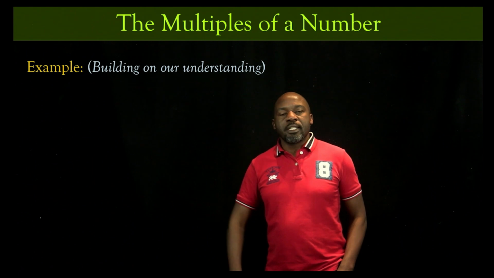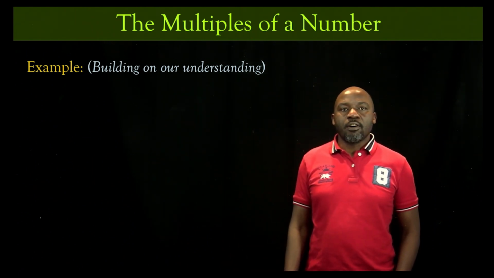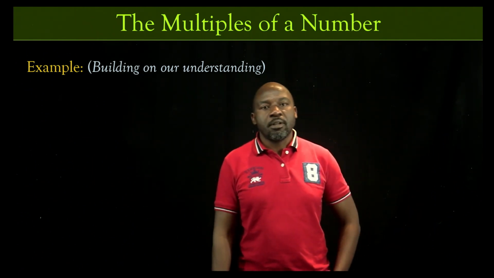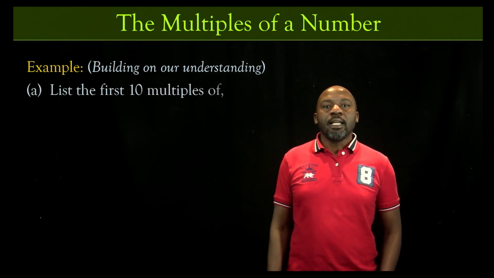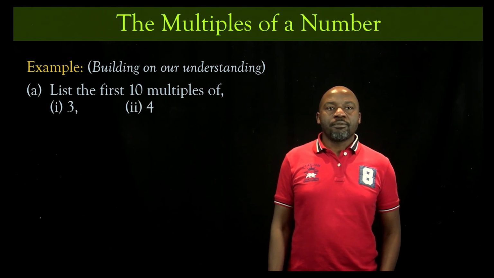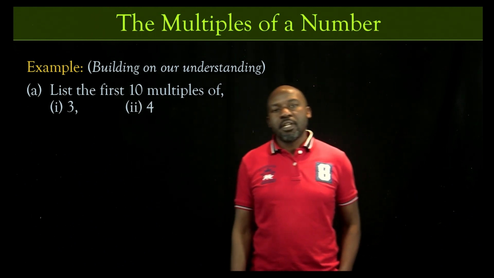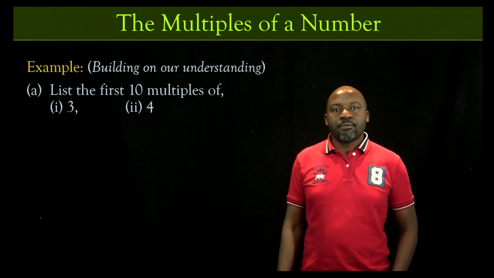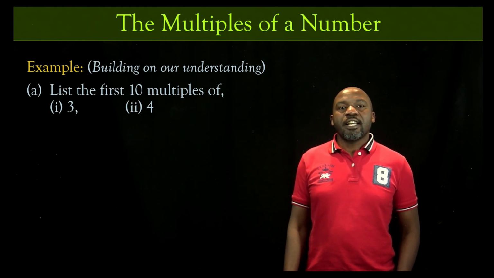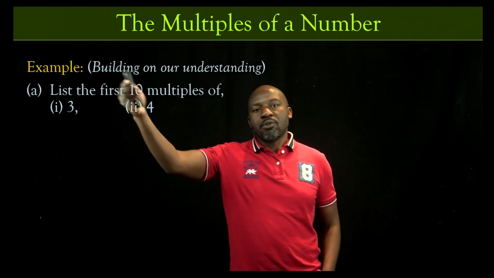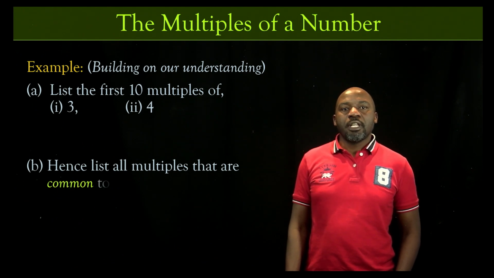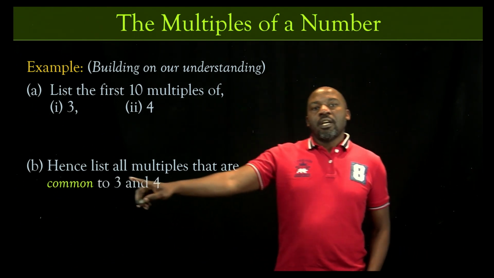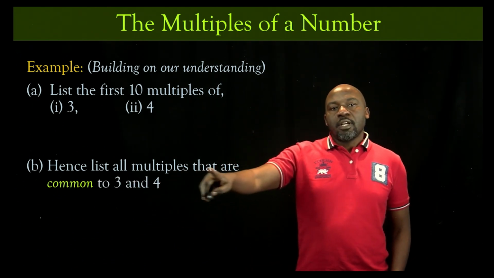Good. Let's see if we understand what is going on here. Let's build on what we have understood. Let's list the first 10 multiples of each of the following numbers. I have 3 there, and I have a 4. We want to list the first 10 multiples of 3 and of 4, but this is not where we want to end. We want to build on this understanding. So the multiples of 3 and the multiples of 4, and then we want to list the multiples that are common.